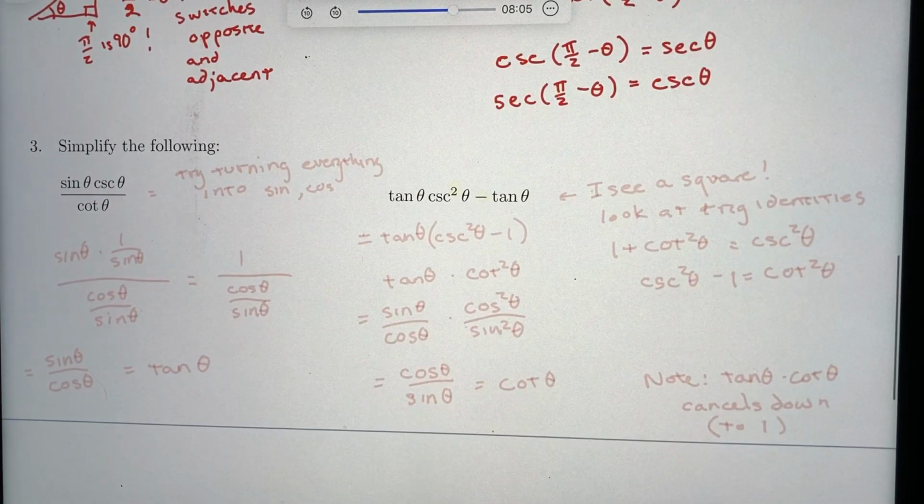Simplifying. Okay, so we are going to be doing a bunch with trig identities and trig simplifications after the quiz. We're just starting a little bit now. When in doubt, try turning everything into sines and cosines and see what cancels.